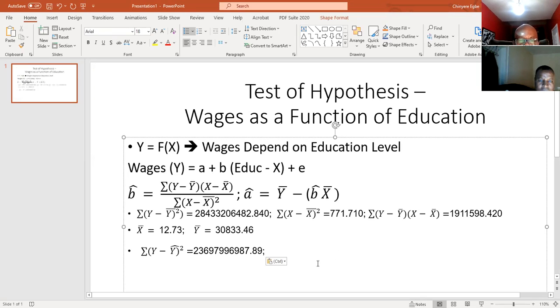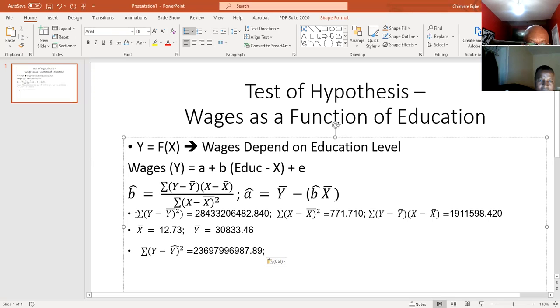All right. So now you have all the numbers. You have the summation y minus y bar times x minus x bar, the summation x minus x bar squared, and the summation y minus y bar squared. And the last summation, y minus y hat squared, is what we're going to use to test our hypothesis. You're going to see how we test the hypothesis using that information.